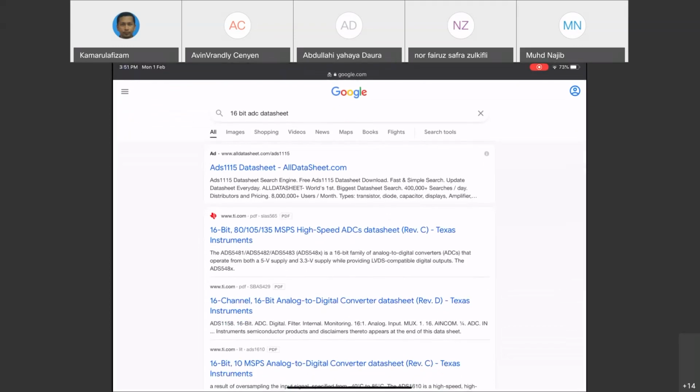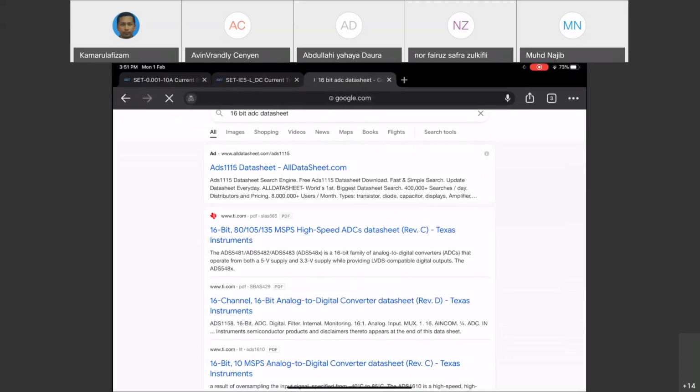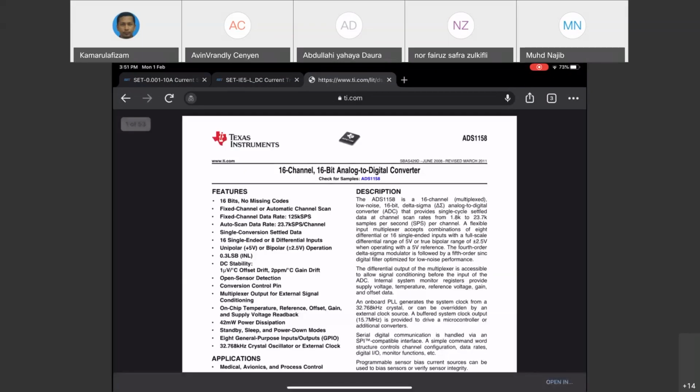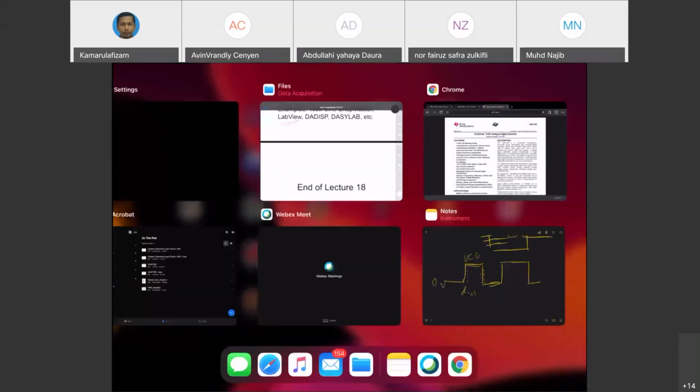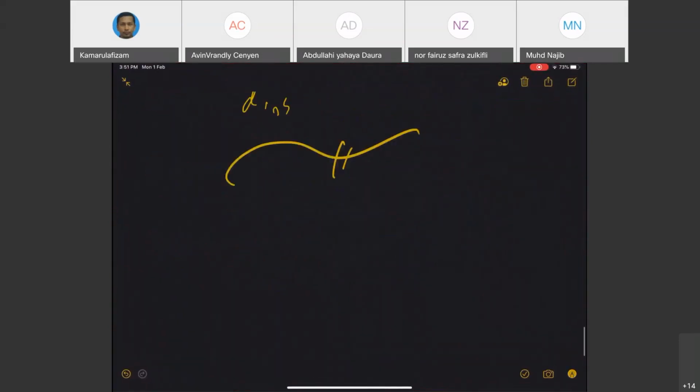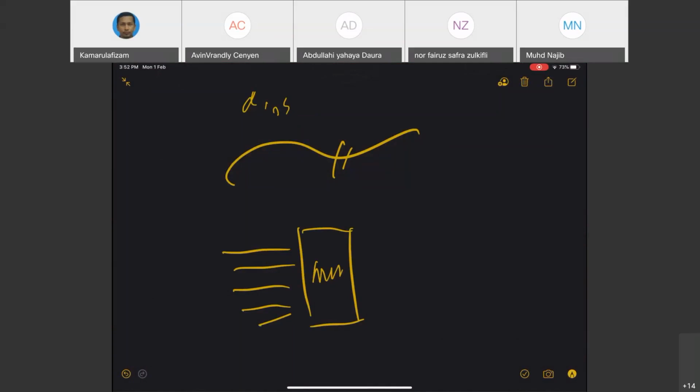Pay attention to this, guys. Just now we were looking at an input signal going to a mux, then going to the ADC.